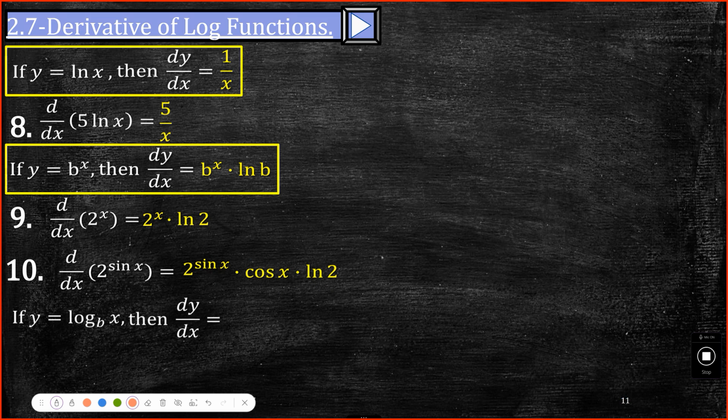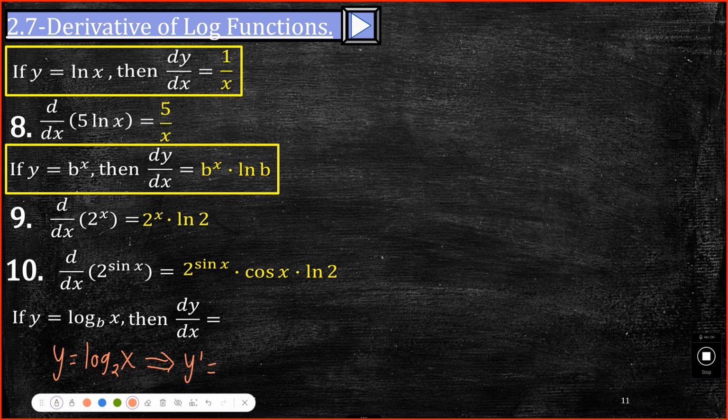So if y equals log base b of x, then dy/dx is what? If you've got a log that's not natural, not ln x, because that one's very special, something like y equals log base 2 of x, what's the derivative of that? Whenever you do a log, it's going to be divided by.